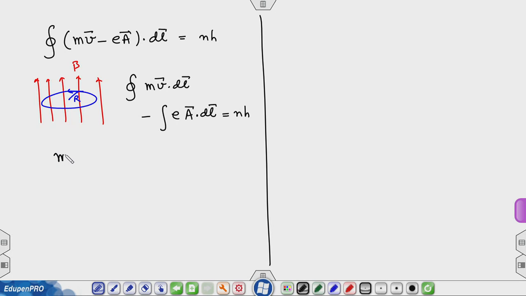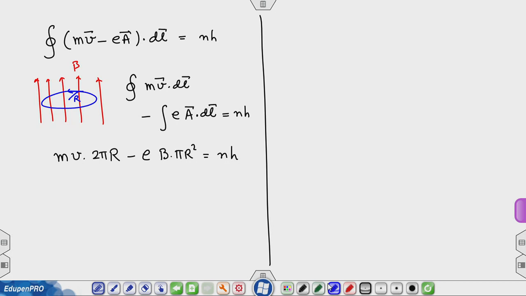So, I am going to have m v, and d l integrated over will give me 2 pi r, minus E A dot d l, which is the flux. So, that is going to be B times pi r square, and that is N H. That is the quantum condition.